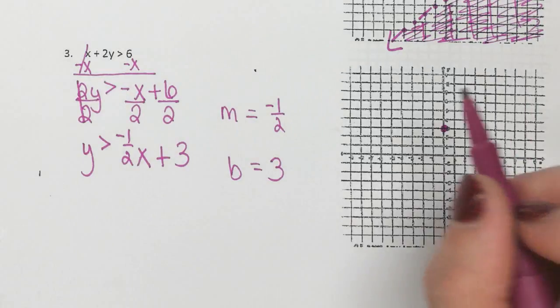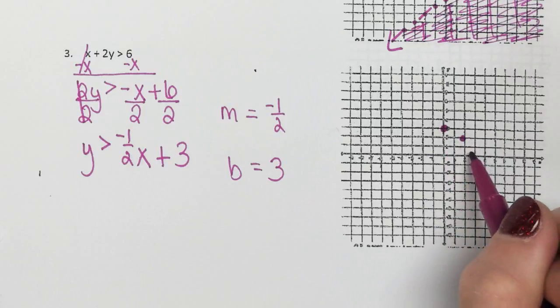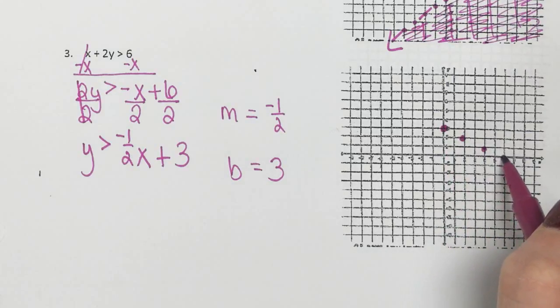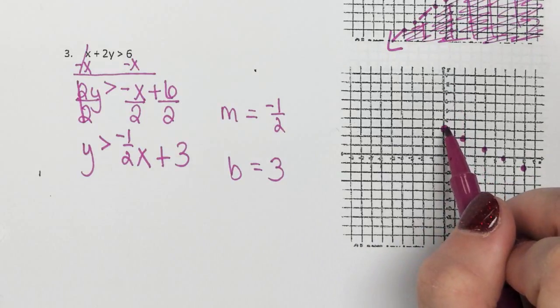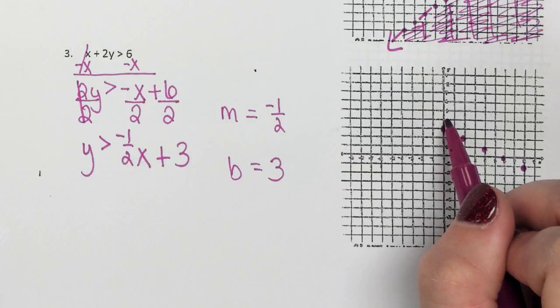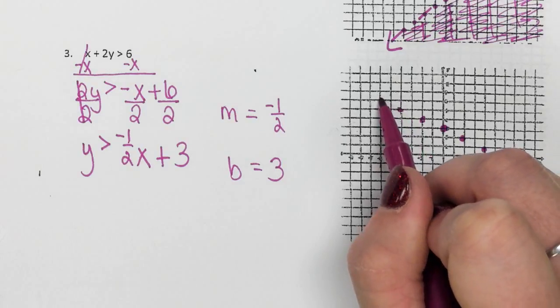And what's my slope tell me to do? And right 2. Perfect. Make it as big as you can, okay? All right, what's the opposite? And left 2. Very good. Make it as big as you can.